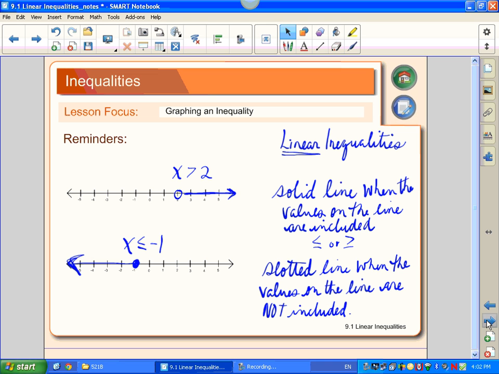So if they're not included, we don't have an "or equal to", we just have a less than, or we might have a greater than. So when we're drawing the lines, we need to be aware of that information.